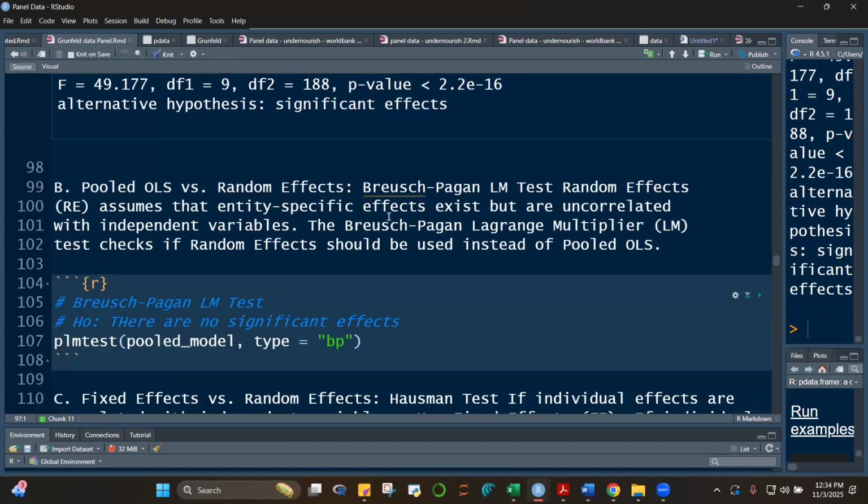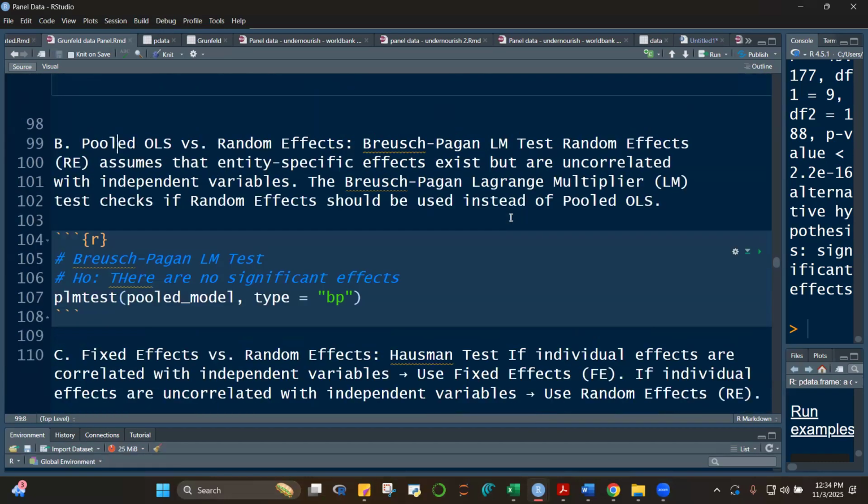Okay? So pangalawa, class, let's check now pooled versus random effects. Okay, so we use the Breusch-Pagan Lagrange multiplier. Okay, ganun din to, class, similar to the PF test kanina. Walang significant effects din. The difference is that ilalagay natin dito type is equal to BP.